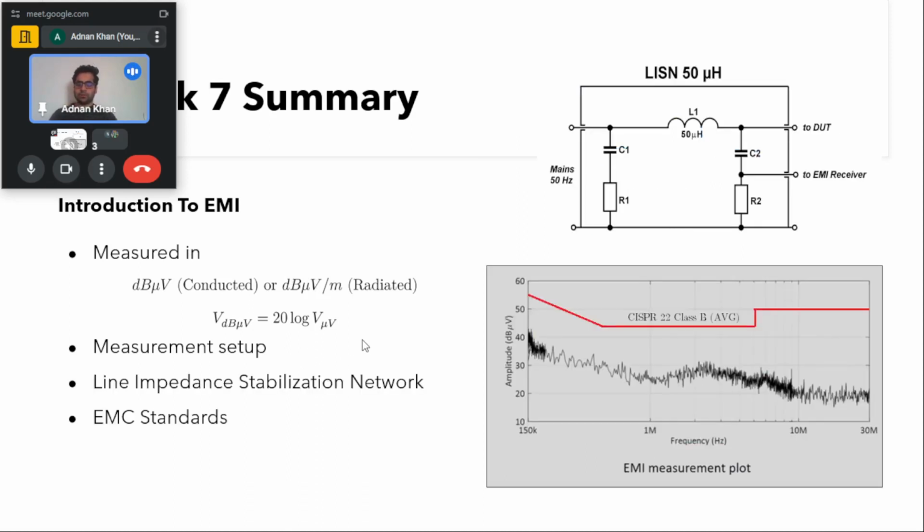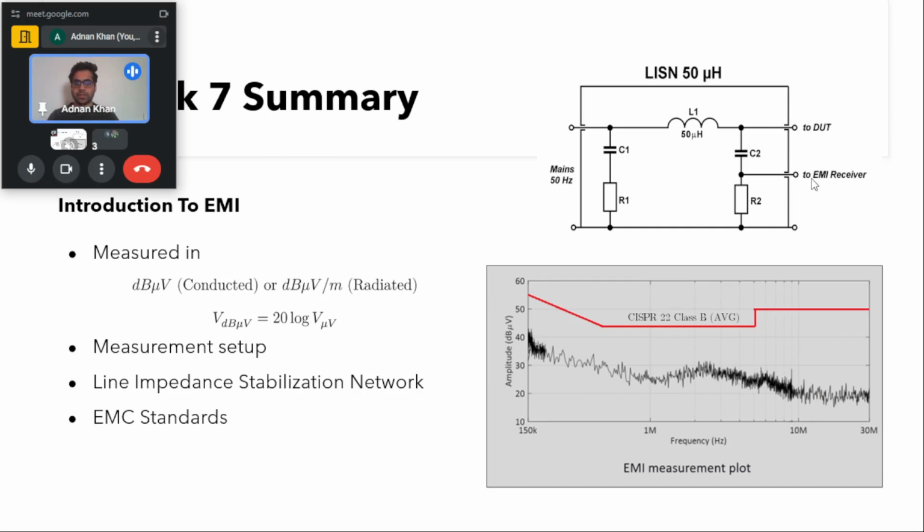So how does this LISN look? A LISN is usually like a low pass filter. Like I told, this EMI is usually at very high frequencies, and this LISN acts as a low pass filter, and the device under test is connected to it. The lower frequencies are passed through, and the high frequency EMI components are filtered out.